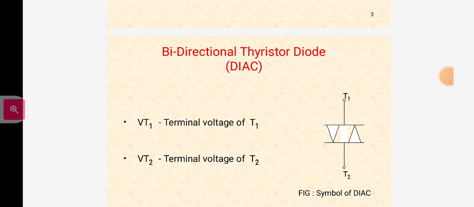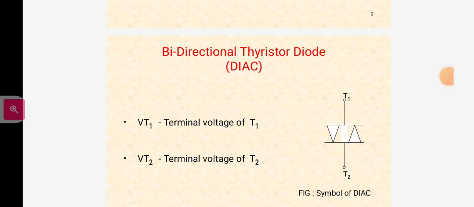It is a two-terminal device which can conduct in either direction. Hence, it is called a bidirectional device. So the diac works in two directions, from cathode to anode, anode to cathode. In diac, it has only two terminals.